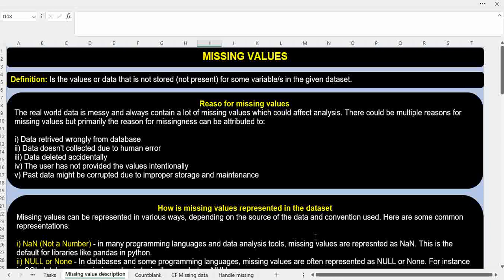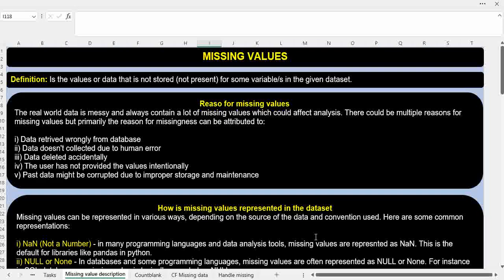Data may not be collected due to human error. While entering your data, you fail to enter the value into the cell that is required. Again, this can be due to system error. For example, if the gender of the buyer is required in your validation system, it might not allow someone to proceed with entering the data.